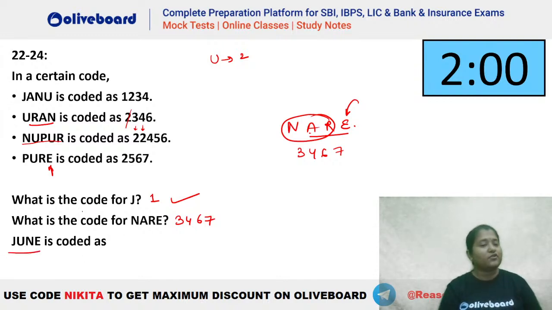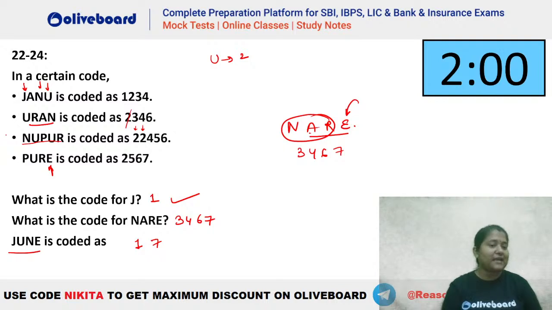What is the code for June? You can see we have JAN, right? JUN can be found from here itself. A has to be removed. A should not be used. Now J is what? 1. E is what? We have seen E is your 7. N is what? What is the code for N? How do we find N here? You can see N can be found using first, second and third. What is common apart from U?